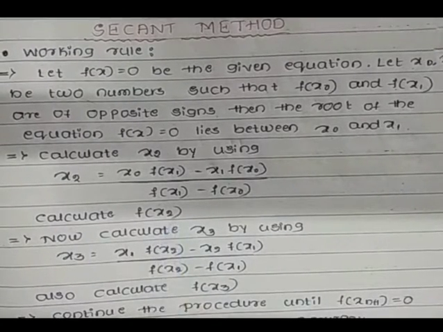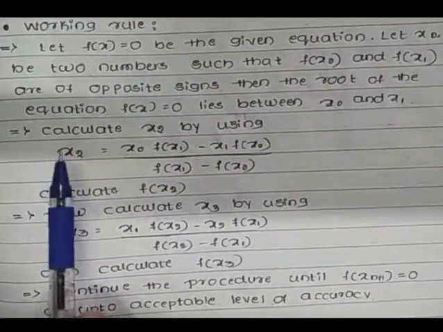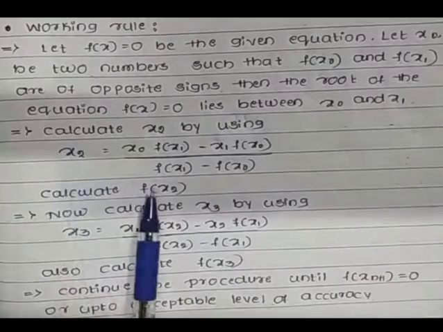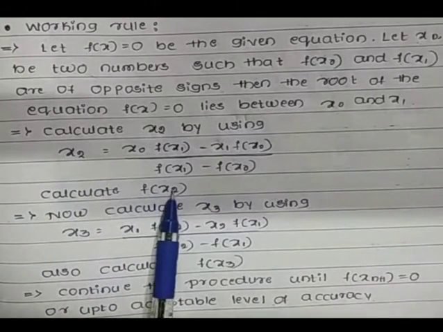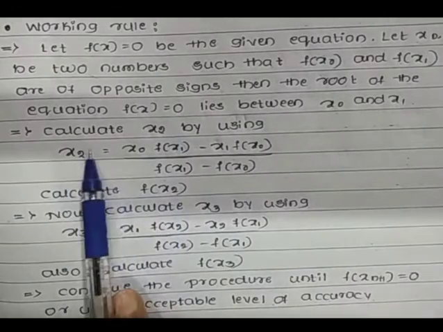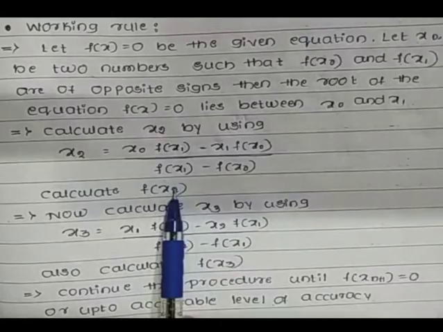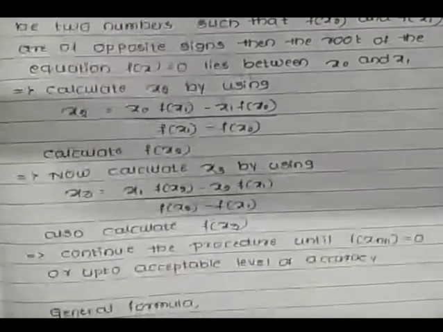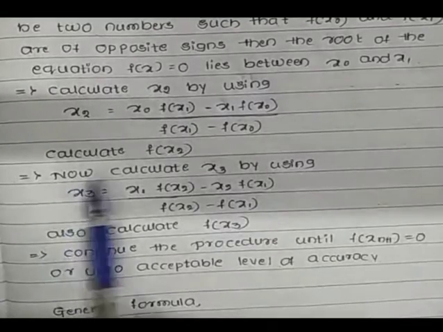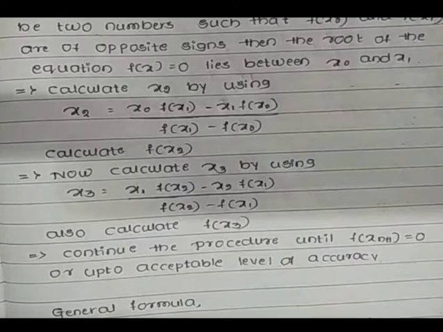In the previous bisection or regula falsi methods, after calculation of x2 we verify whether f of x2 is negative or positive, but here it is not required. Just calculate x2, then find out the f of x2 value. Whether it is positive or negative doesn't matter. Next we have to calculate x3 using the previous two results.